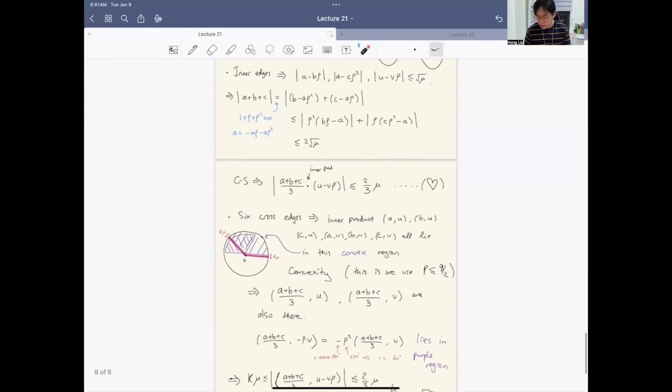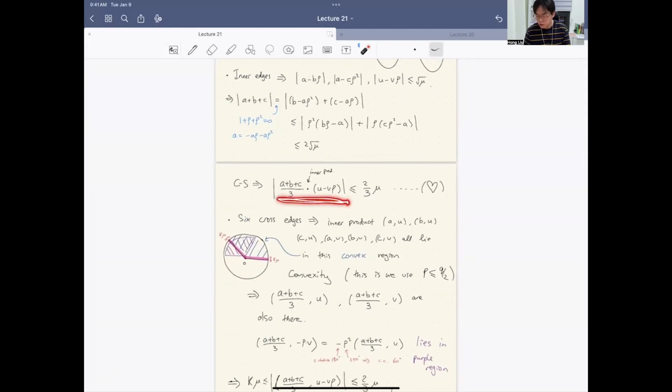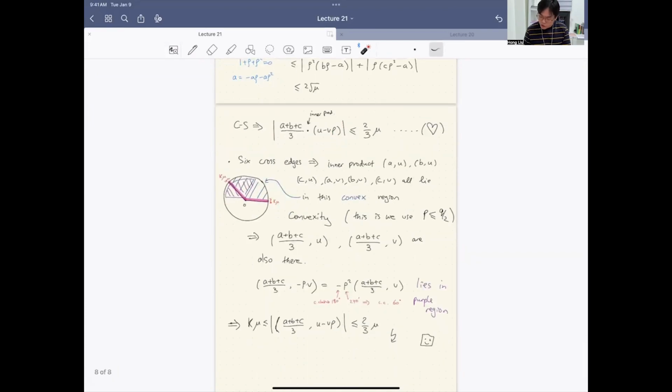Now let's see what this guy lies in on the unit disk. Let's split out this inner product into these two terms. By the cross edges, A inner product with U, or B inner product with U, or C inner product with U, all lie in this first 1/3 pie chart. So if you take the convex combination, it still lives in here. Same with V. But now we have this minus rho vector, which is the same as rotating counterclockwise 60 degree.